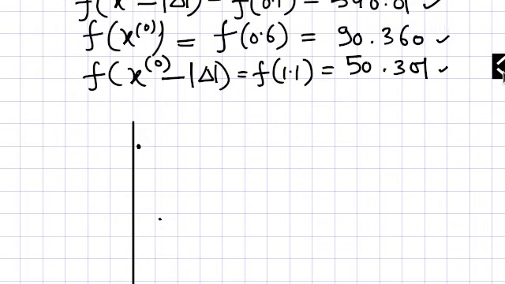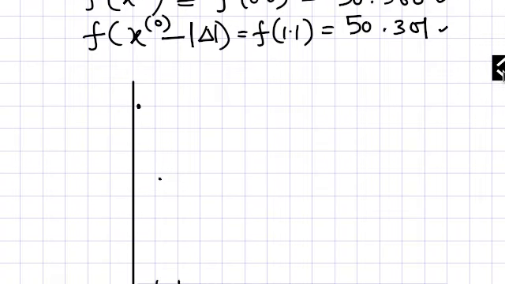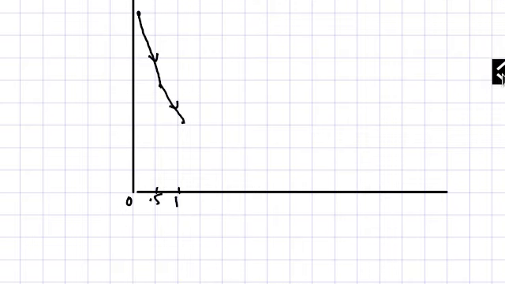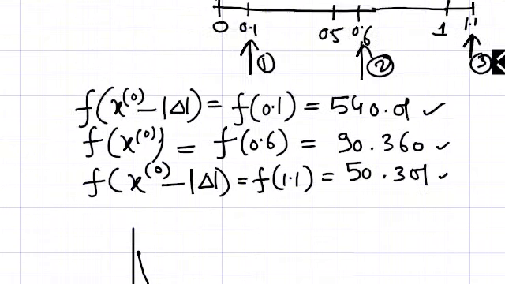It is not actually according to scale, I am just showing you the concept. And at 1.1 it is 50, so this point is around here. So what is the trend? It is coming down like this in this interval. So obviously we can guess that our minimum will lie somewhere here. So we will go in this direction, we will make the jump in this direction, the jump I was talking about here.